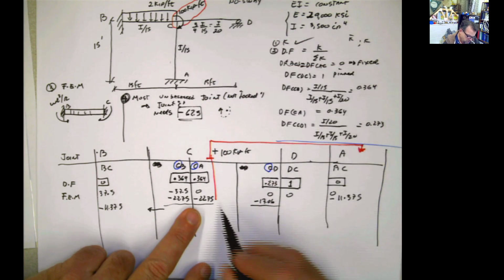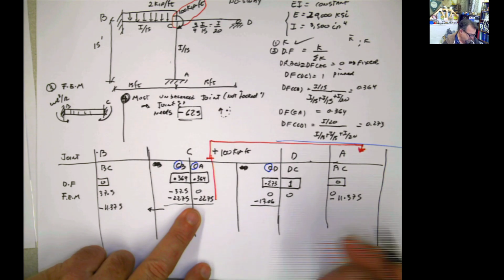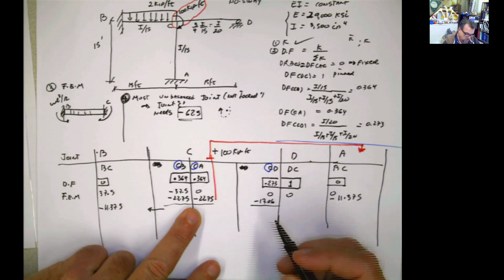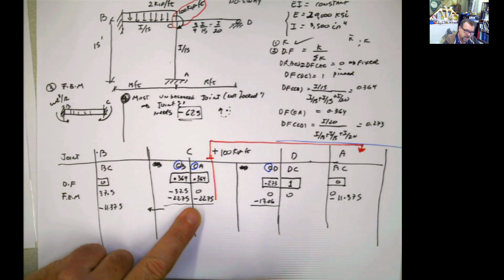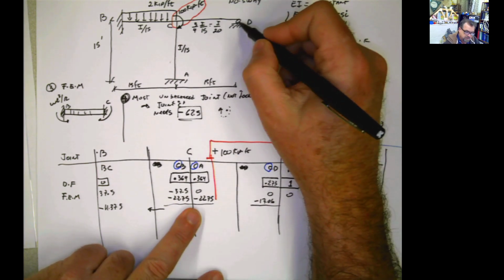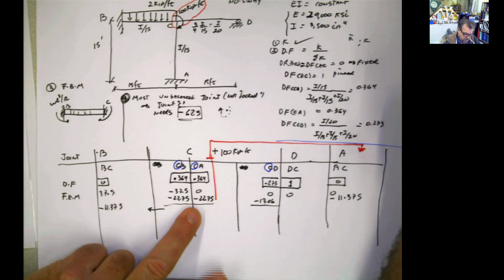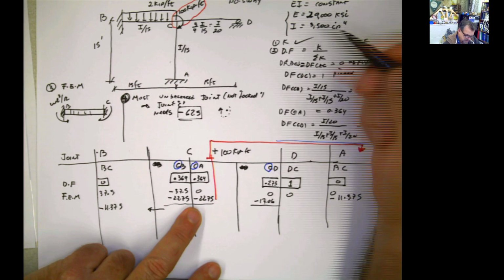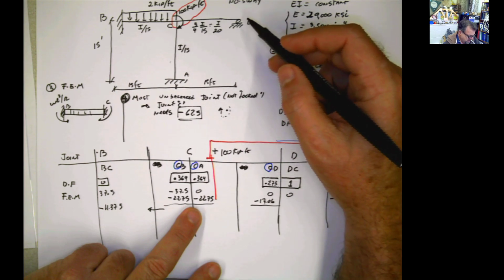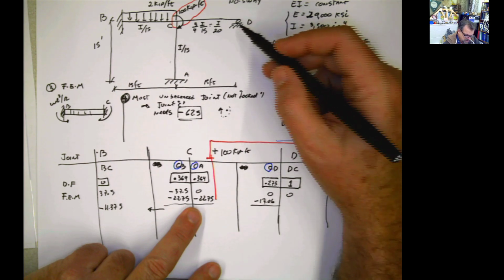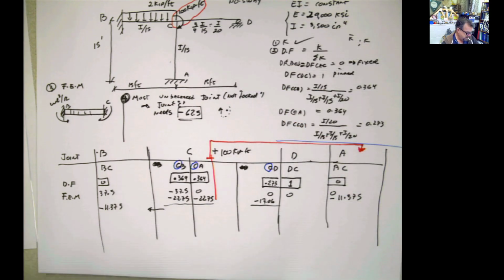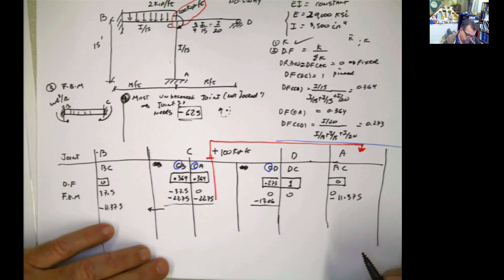Now, what about CD? This value is supposed to be transferred to CD, but because we are using the simplified approach, with this K, this is a pin support, and at the end I know it shouldn't be receiving anything because the moment at D should just be 0. So how are we doing so far?